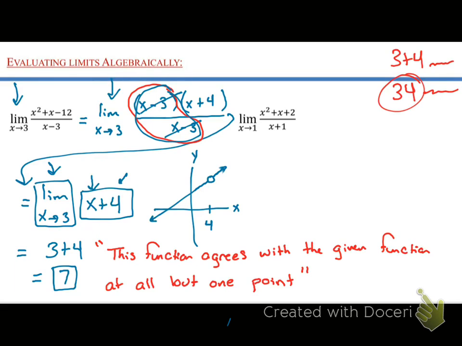What that means is this function that we found agrees with the given rational function at all but one point, meaning the rational is going to look like this linear function everywhere except for when x equals 4. These are kind of confusing phrasings that our book uses, but now that I've explained it, hopefully that makes sense.